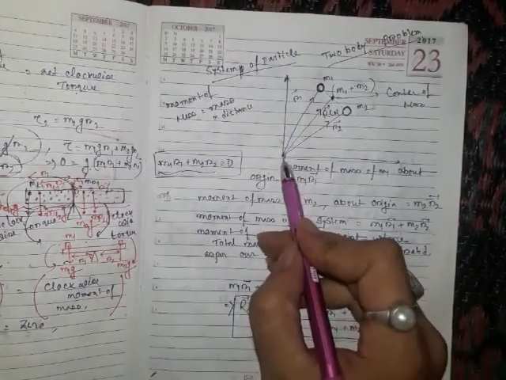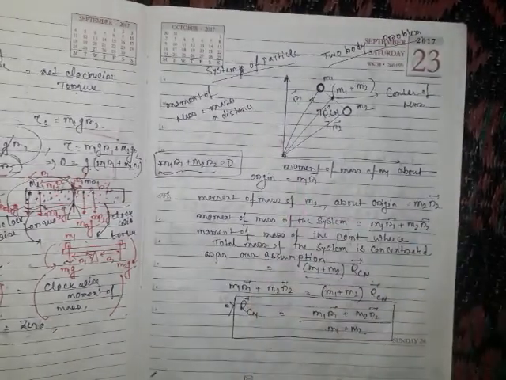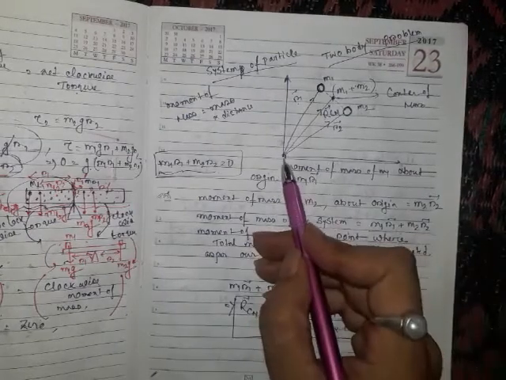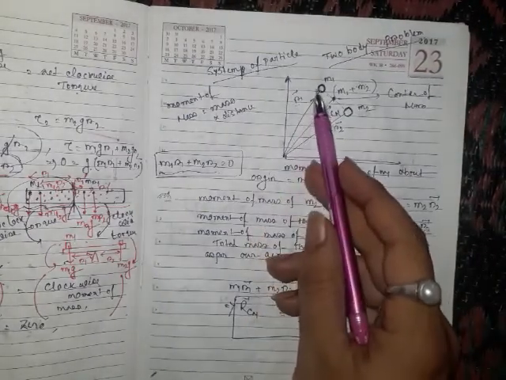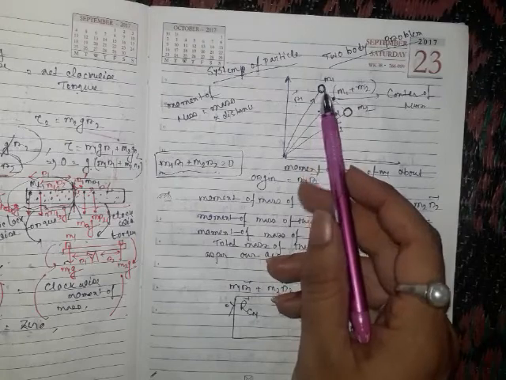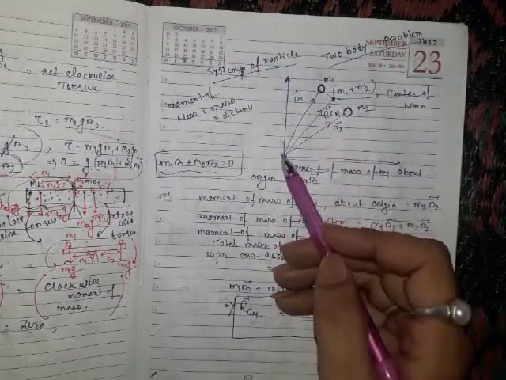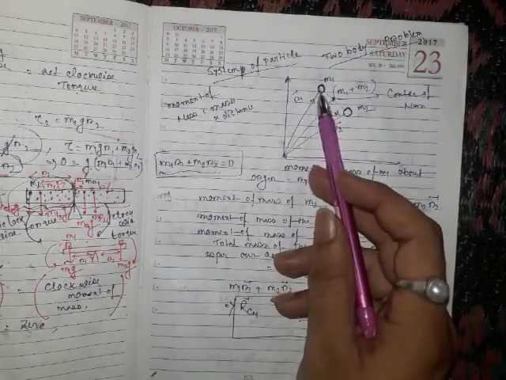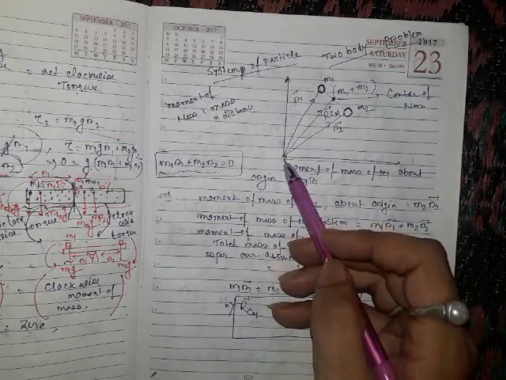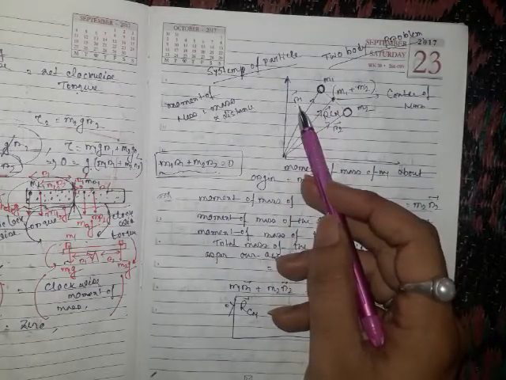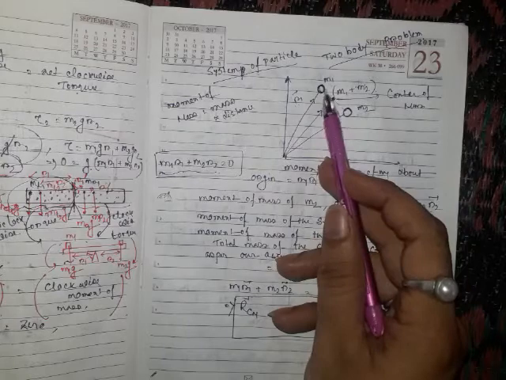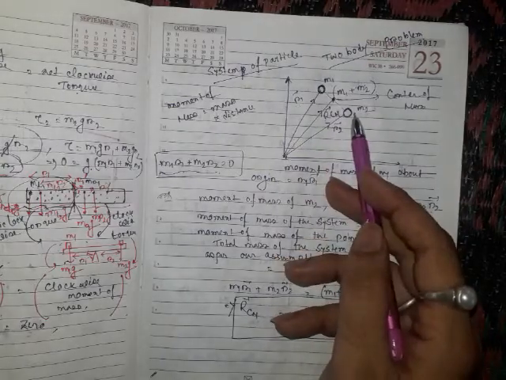Now this is the origin and it is the point of rotation. We have a two body system, that means we only have two objects. One is m1, at a distance r1 from this origin. So r1 is the position vector of m1 and r2 is the position vector of m2.